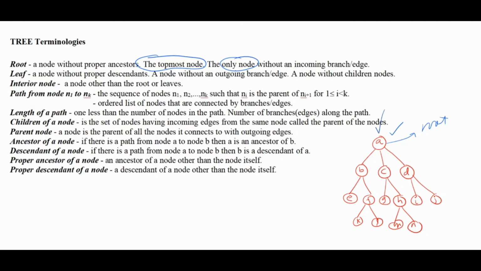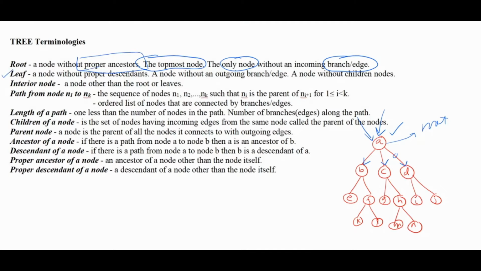It has only outgoing ones. In this case, we have 3 outgoing branches or edges: from A going to B, from A going to C, and from A going to D. We will come back to this later, what a proper ancestor is.